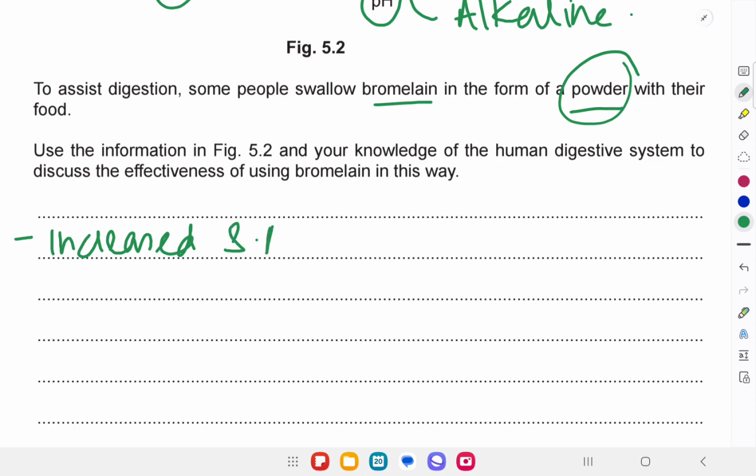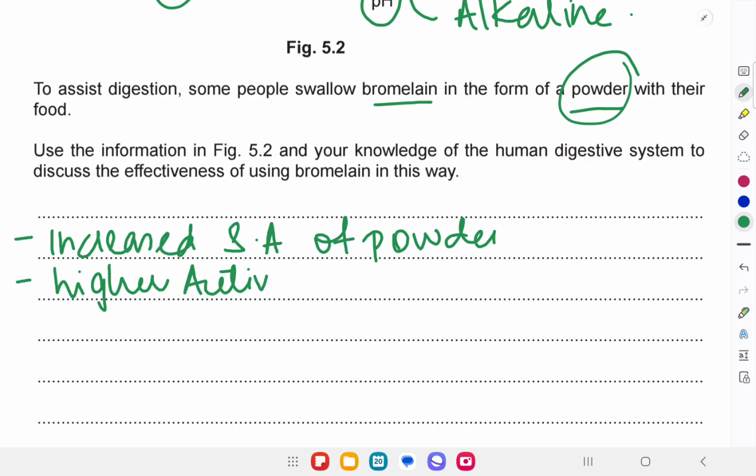Increased surface area of powder. Higher activity. Or you can write higher collisions with the substrate.